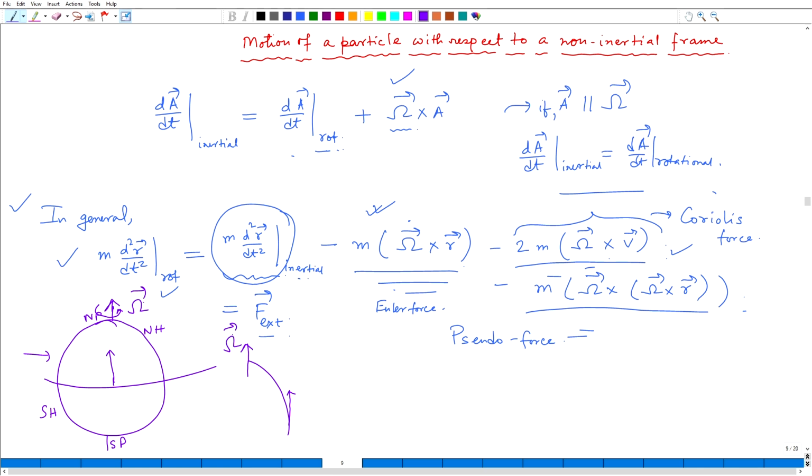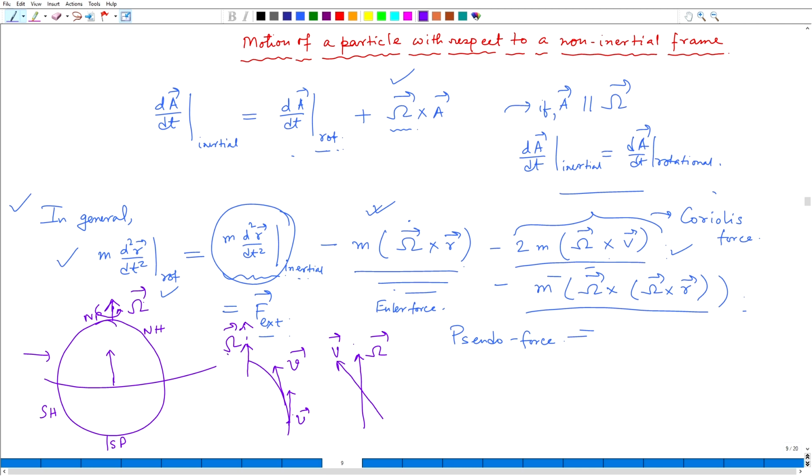Very close to the equator there is no deflection force, because omega and v are almost parallel. Now, when it gets here, for example, v makes an angle with omega. This omega direction is like this, and in the northern hemisphere the v direction is like this.